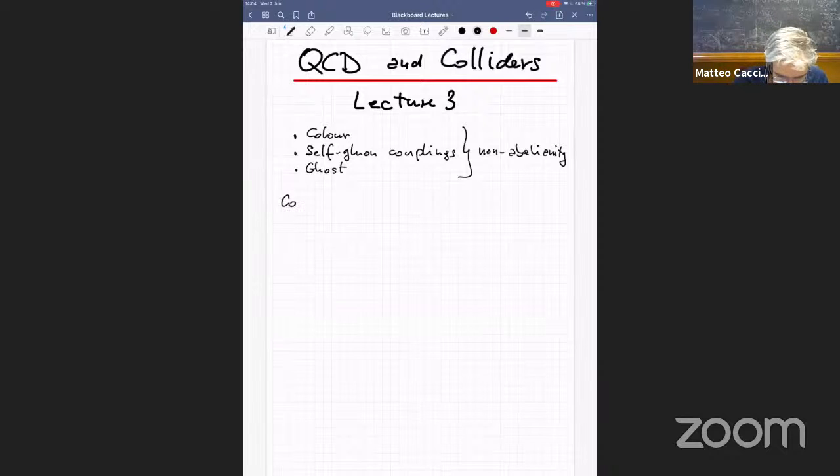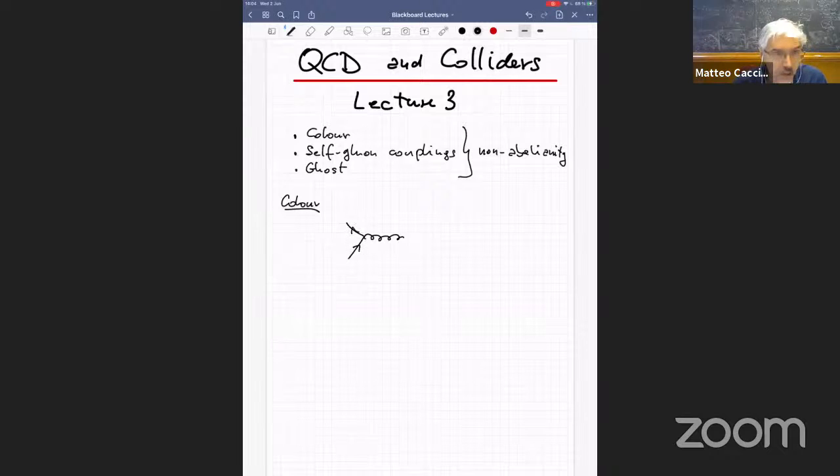So let's start with color. Color, as I was saying, is essentially that color matrix, or if you wish, the generator of the group that you find in the Lagrangian and in the various Feynman rules. For instance, consider the Feynman rule for a gluon interacting with a quark, like this one.